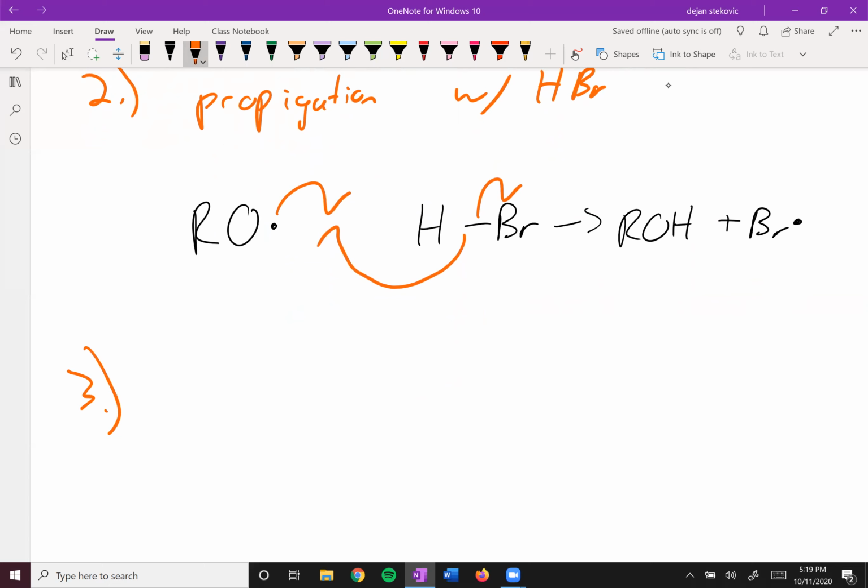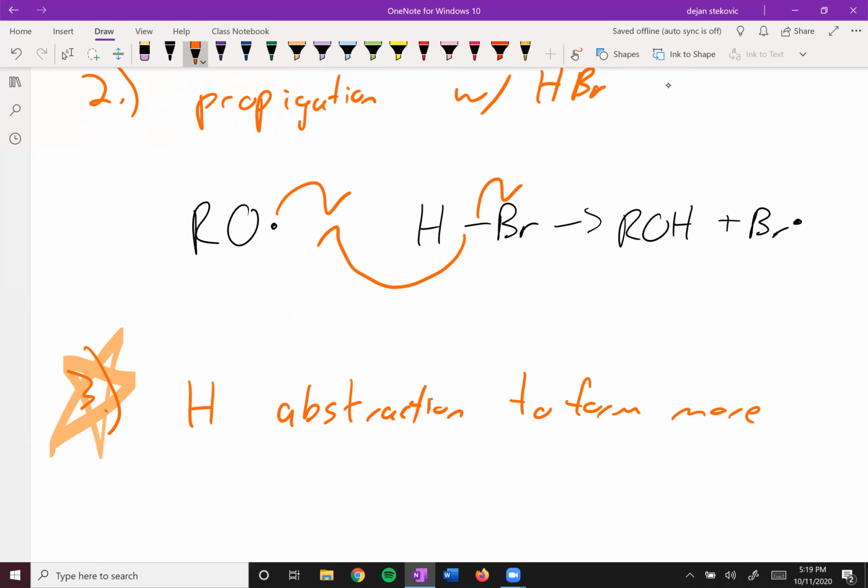And then in this third step, which is the star of the show, we have hydrogen abstraction to form the more stable radical.